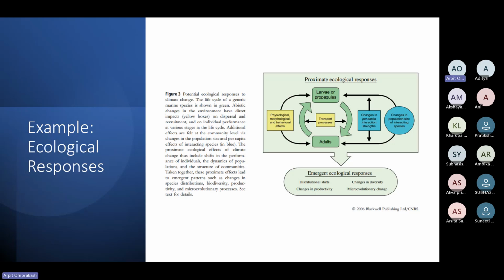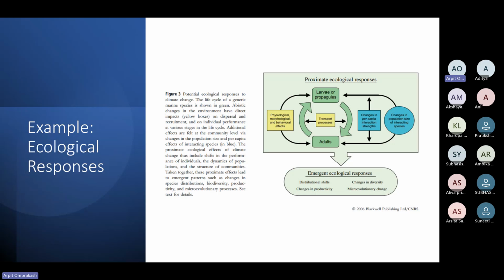So abiotic changes in the environment, such as temperature, pH, or the salinity of the water, when they change, lead to a lot of physiological, morphological, and behavioral effects, both for the larvae and the adults.